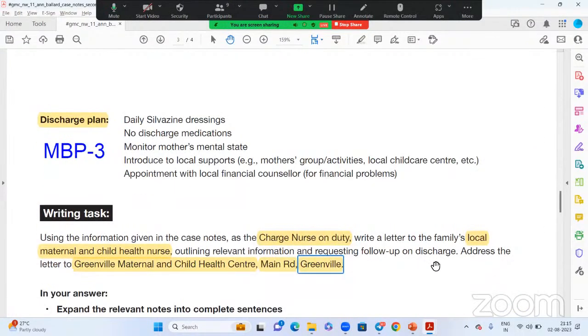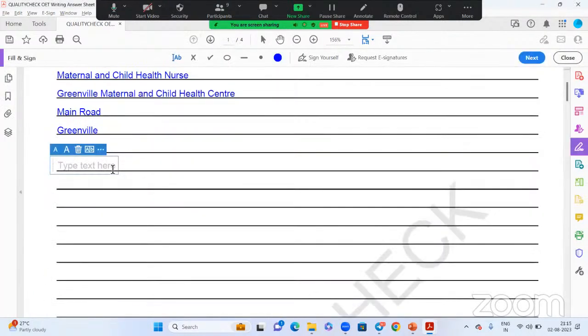Outline, follow up on discharge. On discharge, she is being discharged today is not mentioned here. So a day or 2 days before, it is mentioned here. Right. Remember, I'm giving you the technicalities. So you can write the previous day or the day earlier.